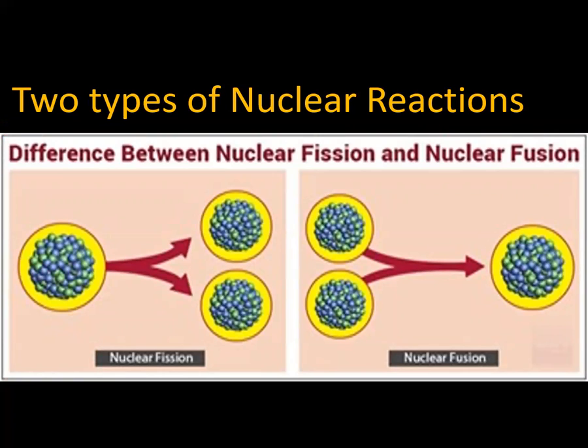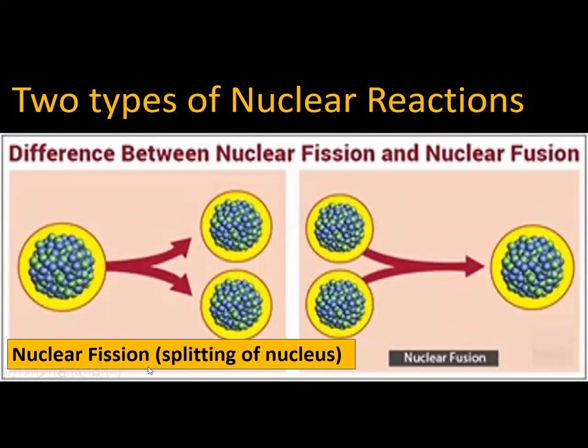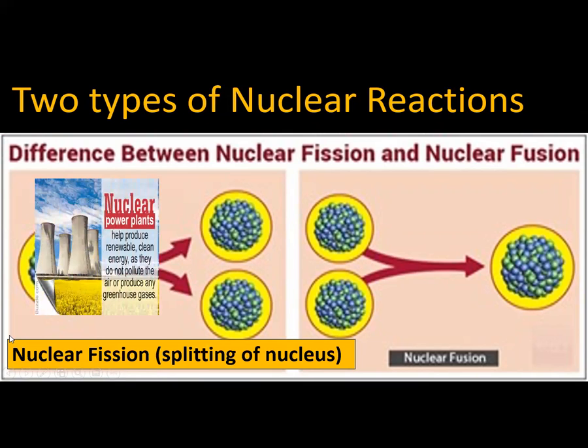Now, you've heard about nuclear fusion, but do you know that there are two types of nuclear reactions? The first one is called nuclear fission, or the splitting of the nucleus. This process is the one that is used in nuclear power plants. Here in the East Coast, we have a lot of nuclear power plants. These nuclear power plants produce electricity.